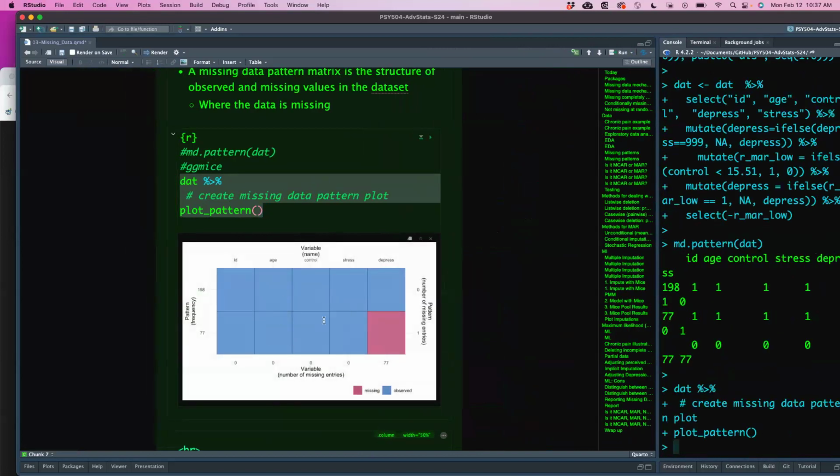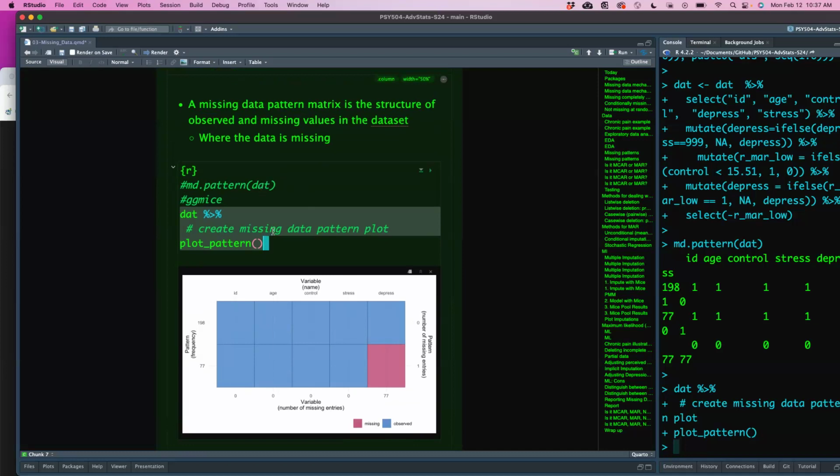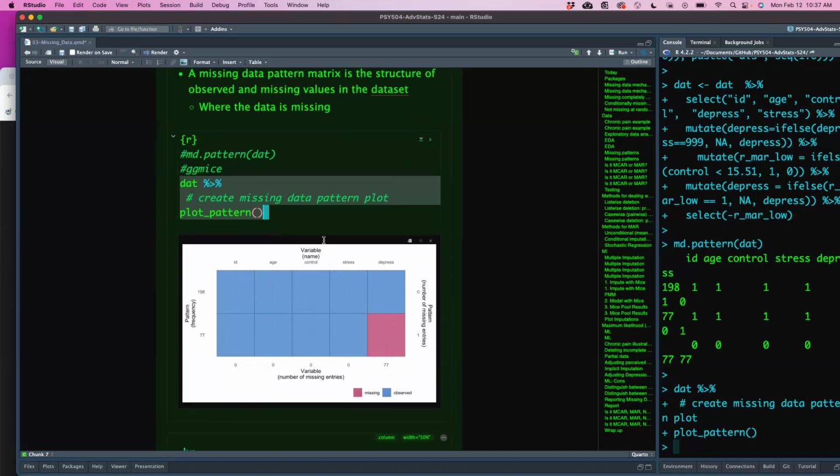So this gives us a nice little visualization here, very similar to the mice package. But what I want to do is go over how you read this data matrix. What I like about ggmice is that it actually has intuitive axes titles. The mice package does not have these. Essentially, how we read this is at top, we have our variable name. So we have ID, age, control, stress, and depress.